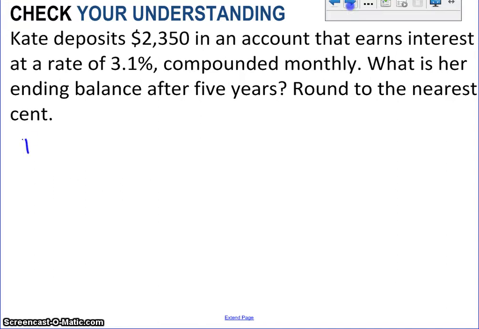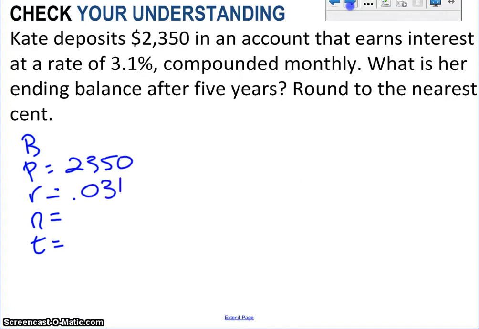Okay, so here again we're going to get all of our values ready on the side, my B, P, R, and T. So it says here that Kate deposits $2,350 into an account that earns an interest rate of 3.1%, which is 0.031 as a decimal. It's compounded monthly.